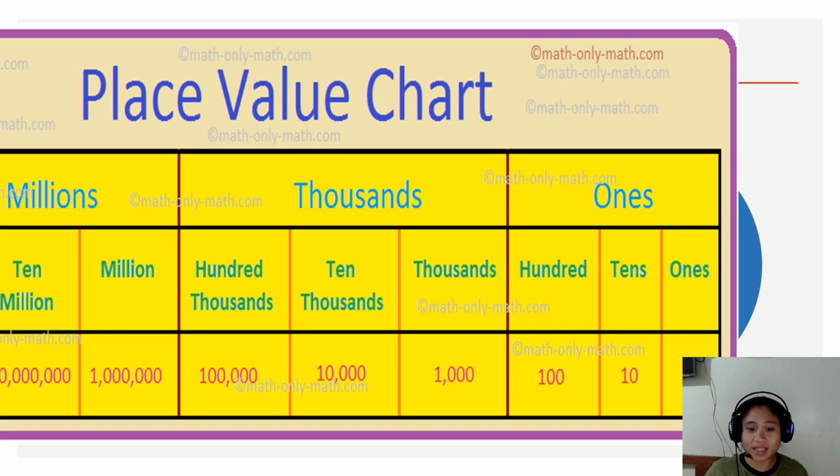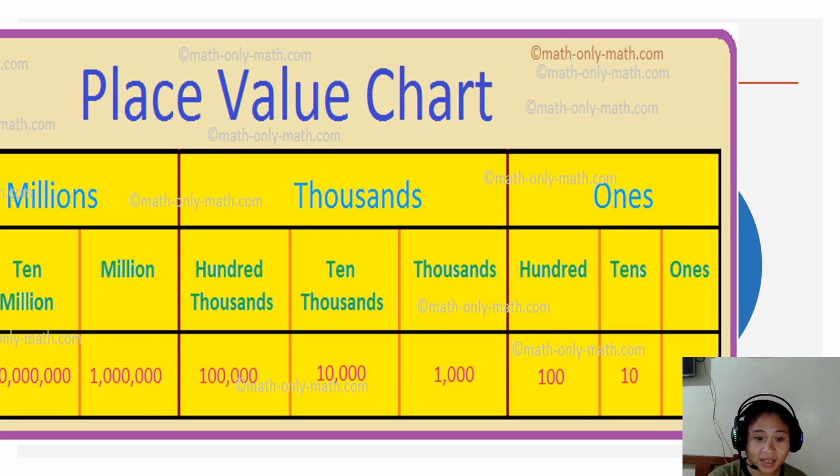Okay, can you see this chart? This chart shows the place value of the numbers. So here, 1 will be ones, 10 will be tens, 100 will become 100, 1000 will become 1000.